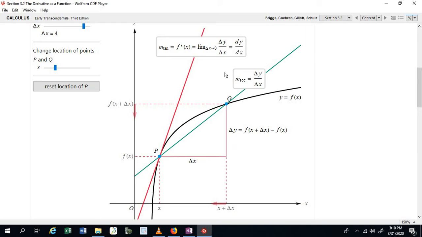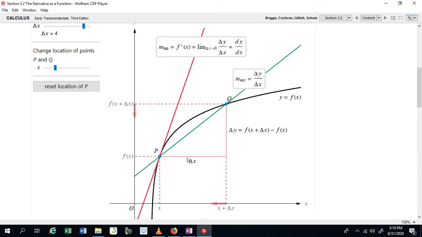Now, to find the slope of the tangent line at this point P, what we did before is we looked at the secant lines here as this point began to get closer and closer to x. In other words, as delta x approaches 0.